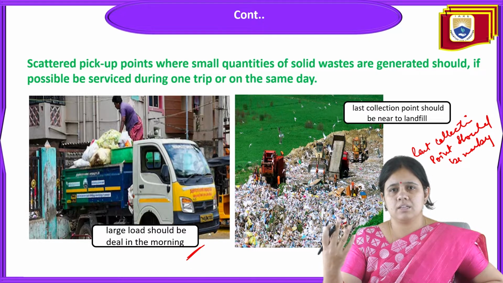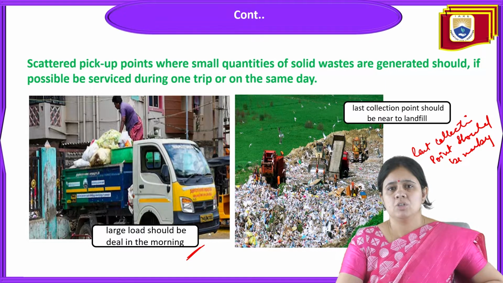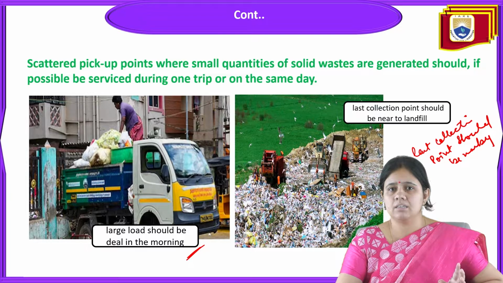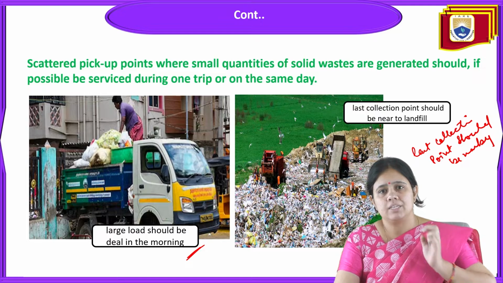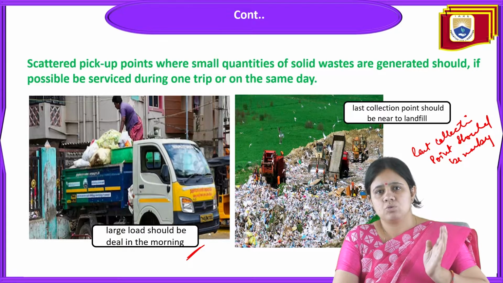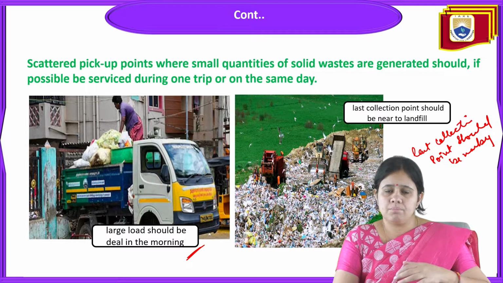So these are some points that we are discussing while designing the route for an effective integrated solid waste management system. If a city is adopting this haul container system, many points are important, but the main point is that the collection route is again an important point, because the collection route will decide which path to follow.